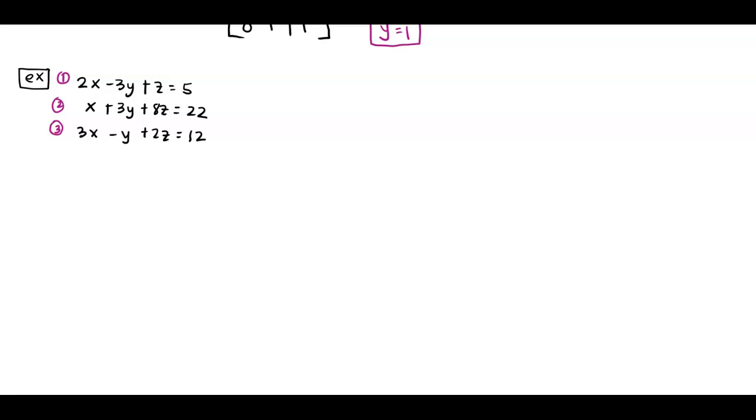So I'm going to write these down again. I'm going to do equation 1 and equation 2. So let me write these down. All right, and then I can see I don't even have to multiply that by anything because when I add these together, my y's eliminate.